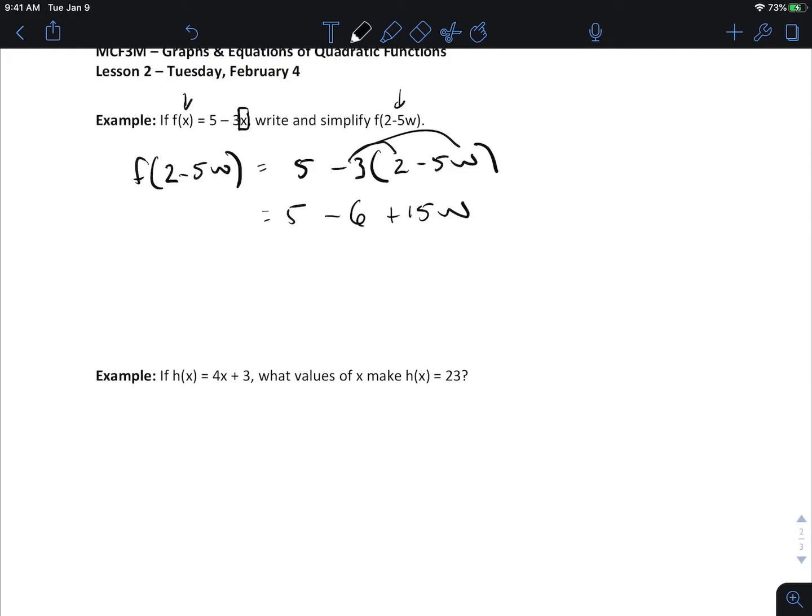That's still floating down. So then you just collect the like terms that exist. That's these guys, right? That's going to be negative 1 plus 15w. Any major concerns?